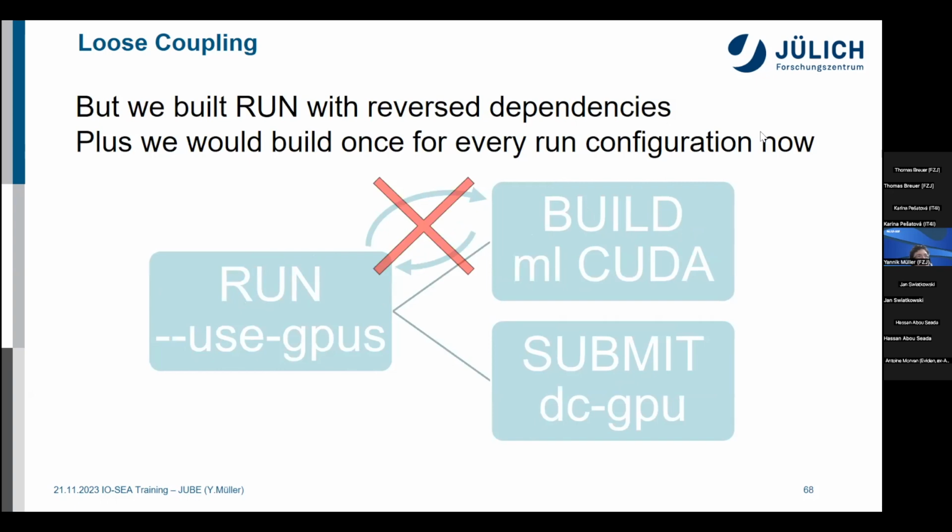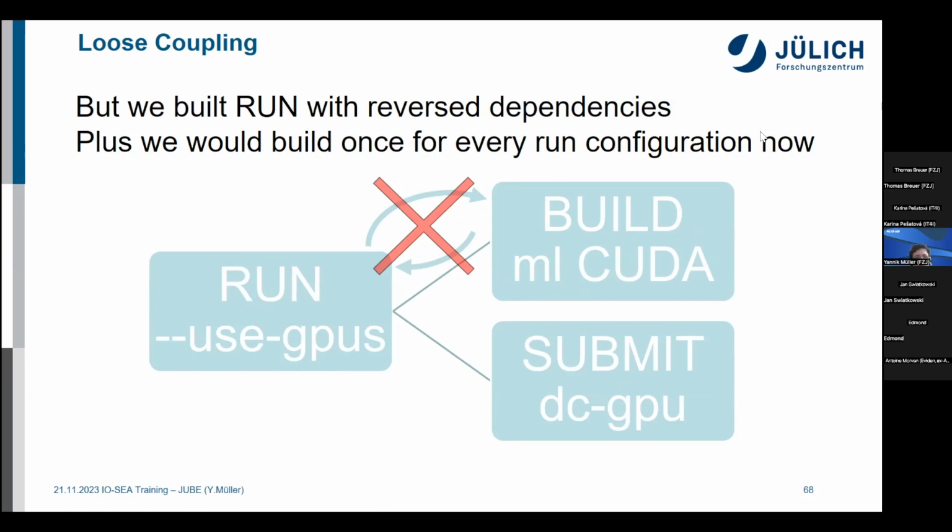Now, if you just used this in a dictionary, then it will not work because you have created circular dependencies. Because the run was dependent on the build. As I said, this was my default setup. So in run, I would use some values from the build set. And now in the build set for this CUDA part, I use something from the run set.